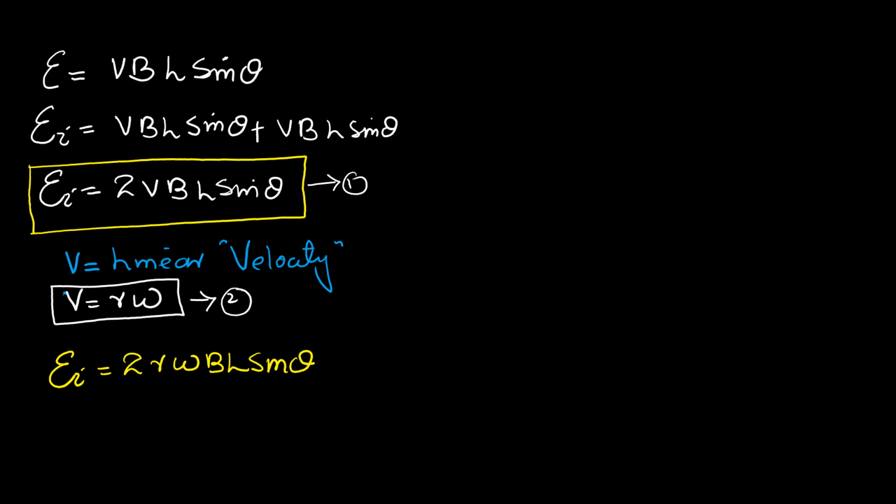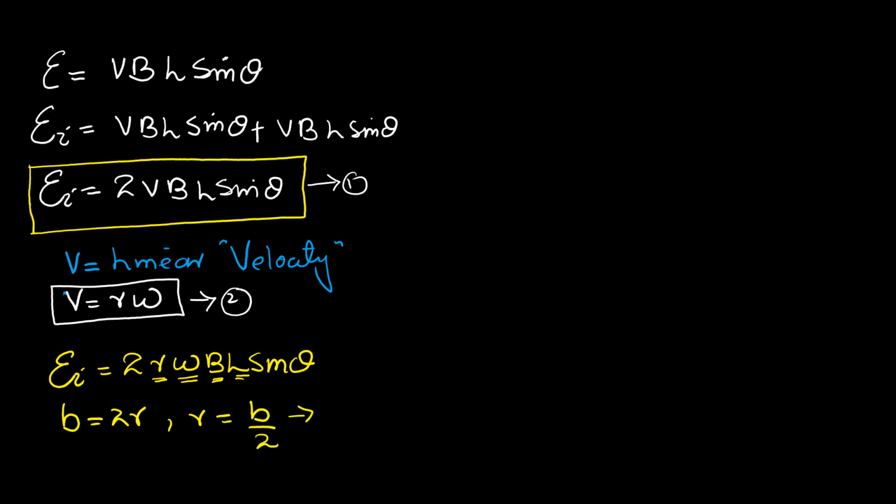Keep in mind that R is the radius of the coil or armature, omega is the angular velocity, B is the magnetic field, and L is the length of the coil or the wire of the armature. Now, as we know, the breadth of the armature is equal to 2 times the radius, so the radius becomes b divided by 2.